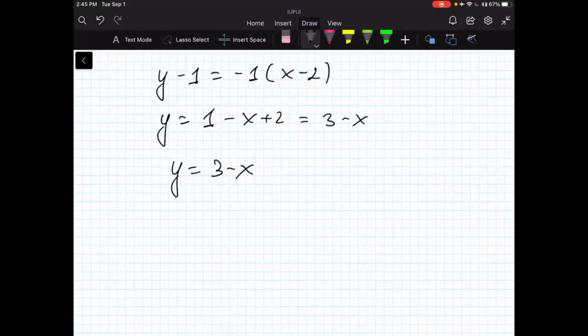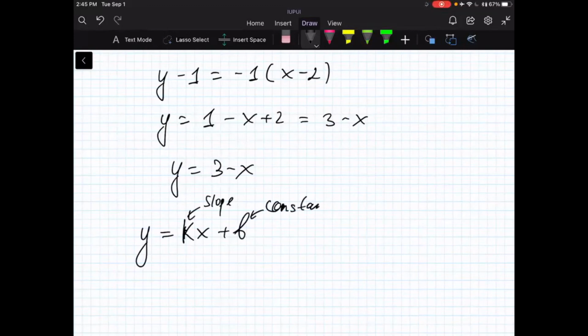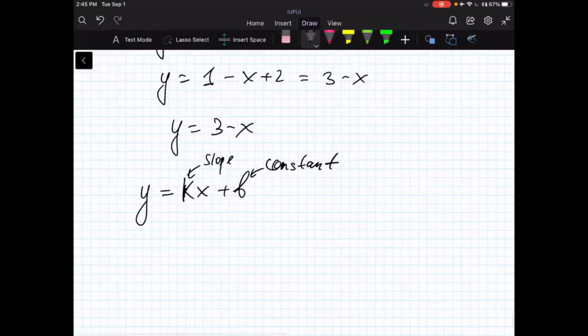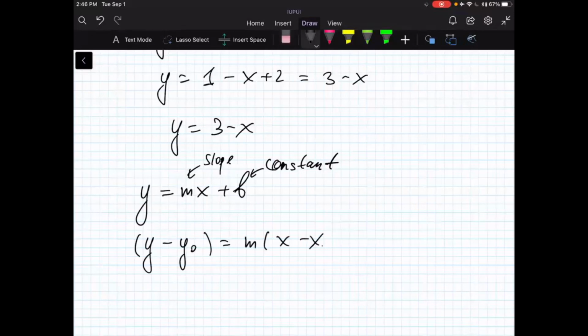So there are different ways to write down the equation for a straight line. Either it is in this way, kx plus b, where k is the slope and b is some constant. Or if you know that the line passes through a specific point, then you can write down that y minus y naught is equal to k, okay, let's call it m, because we called the slope m, m times x minus x naught.